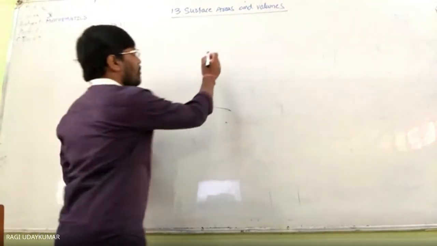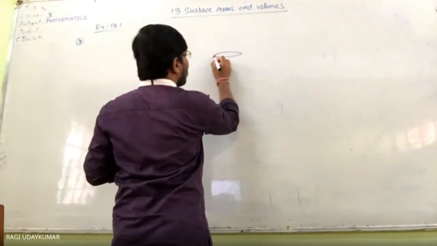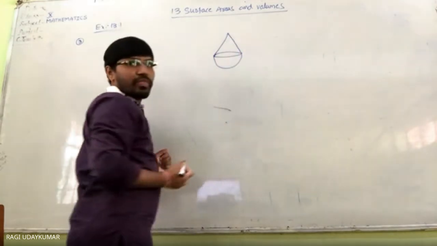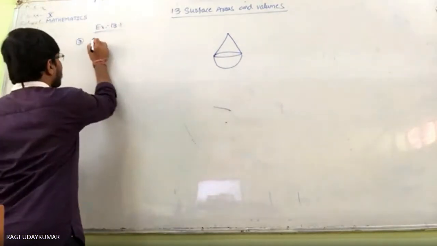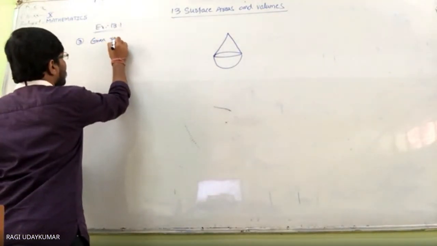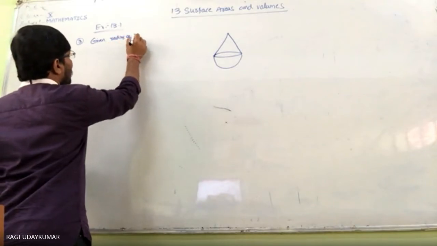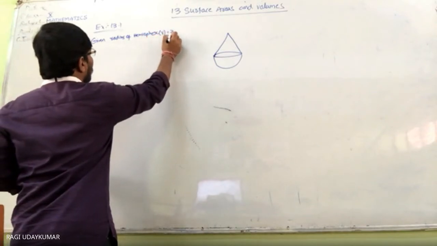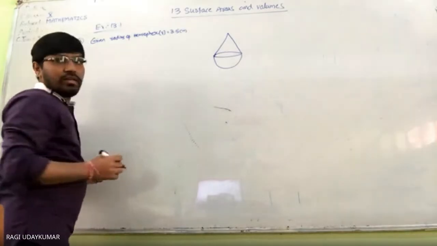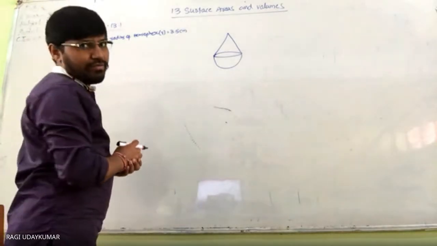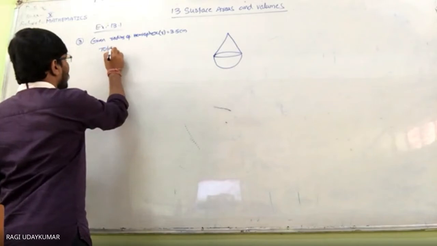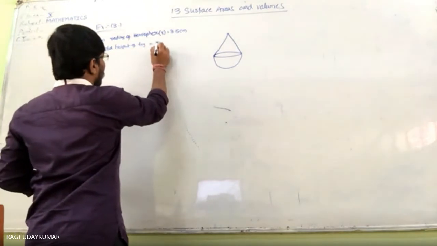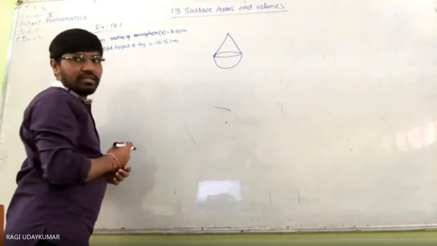In this situation, what you have to do is also simple. The shape of the figure is like this. Given radius of hemisphere, r is equal to 3.5 centimeters. Total height of the toy is 15.5 centimeters.